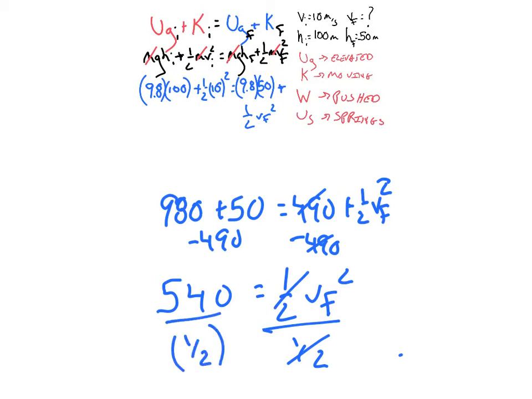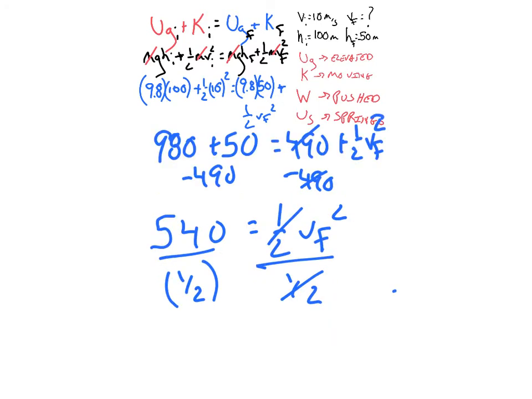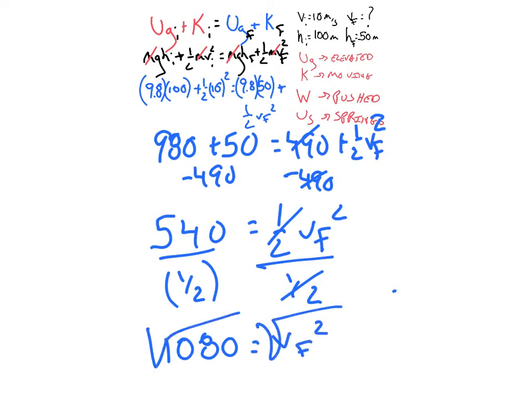You're dividing by 1/2, so this is really 540 times 2, which is going to give us 1080 equals vf squared. So to get our final answer, we just need to square root that. This gives us a final velocity of 33 meters per second.